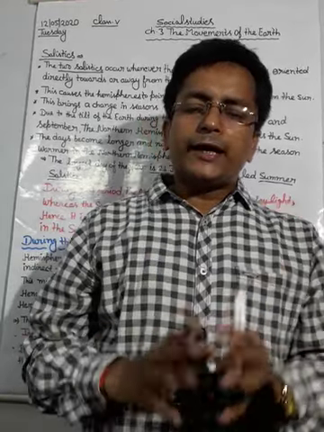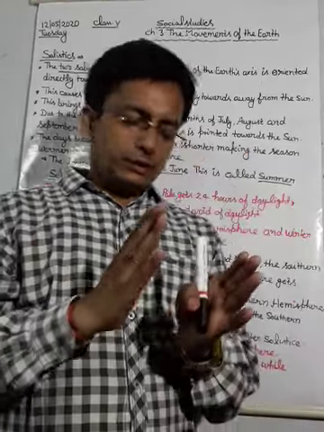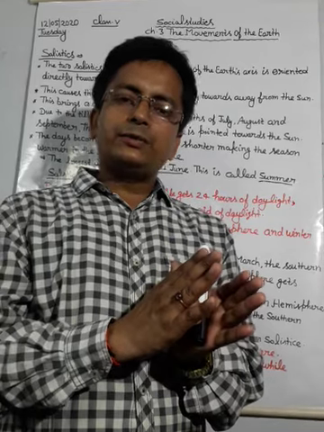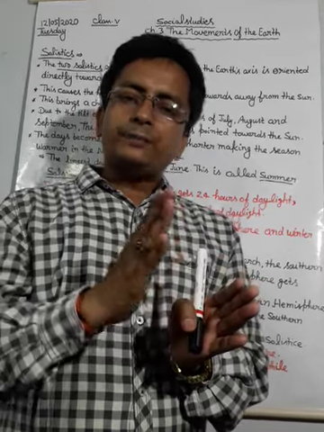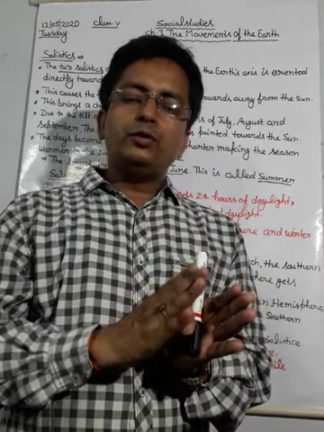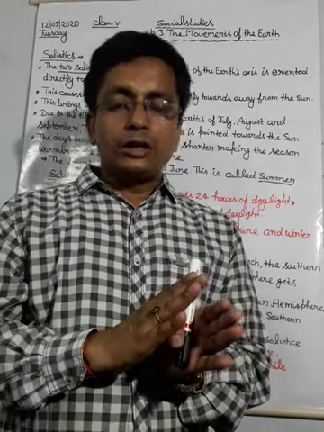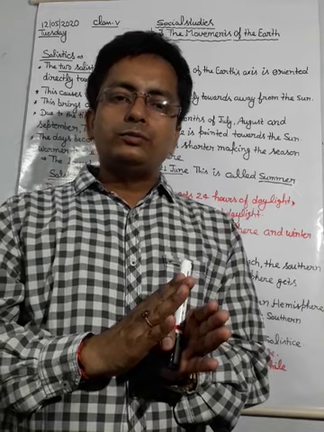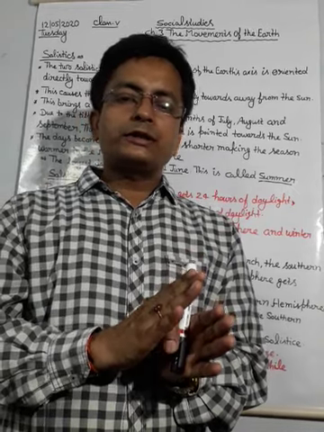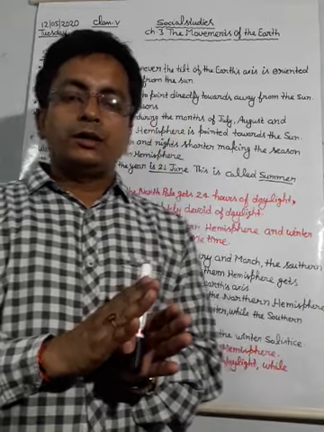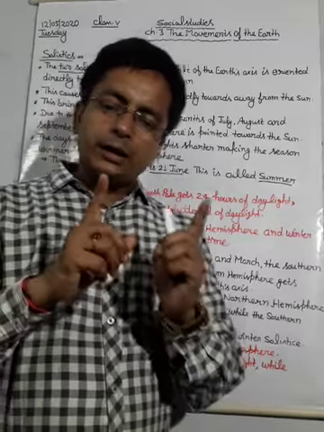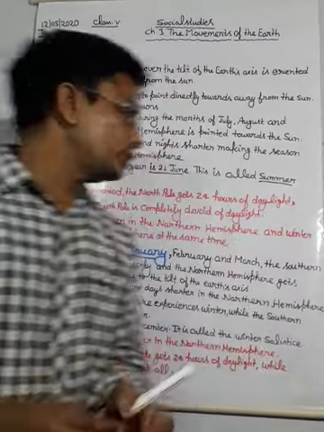So this is the time when the summer solstice takes place in the northern hemisphere. At the same time the North Pole gets 24 hours of sunlight. So on the North Pole there is a 6 month day at the time of the summer solstice.